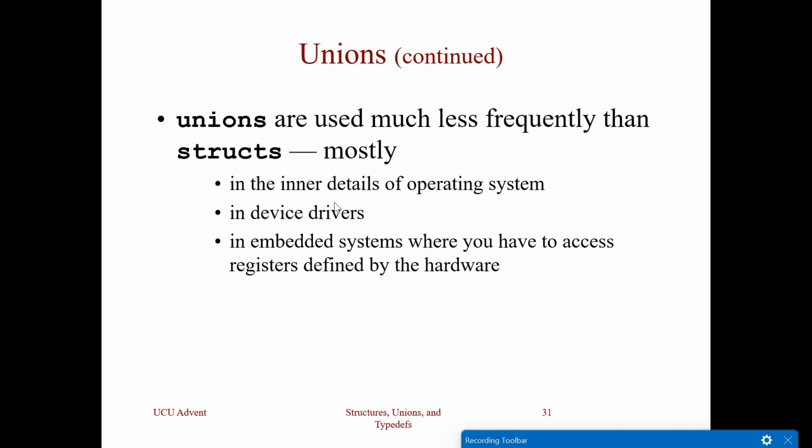So unions are used much less frequently than structures, mostly in the inner details of operating systems, like the kernel, which is the core of the operating system, and in device drivers.